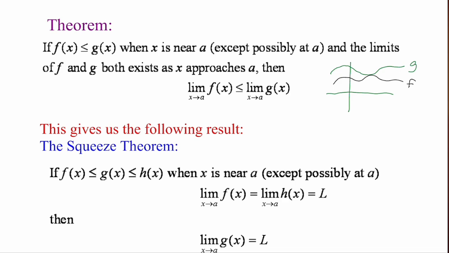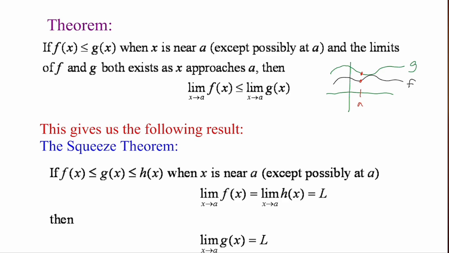Whatever a value we pick, won't the thing we are approaching for g always be higher than the number we're approaching for f? So it's about a height, and so if the f of x is always under or less than the g of x, then the f of x will always be less than or equal to the g of x.